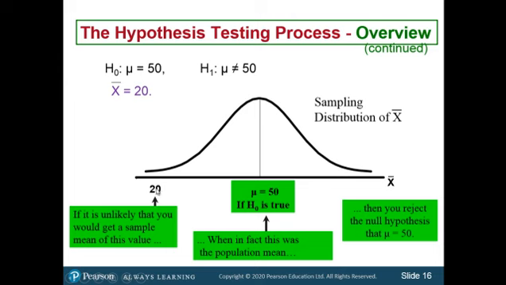From this we observe that it is unlikely that we would get a sample mean of this value when the population mean is 50. Because the sample mean is very far from the population mean, that indicates a need to reject the null hypothesis stated as mu equal to 50. So we reject the null hypothesis and we accept the alternative hypothesis.